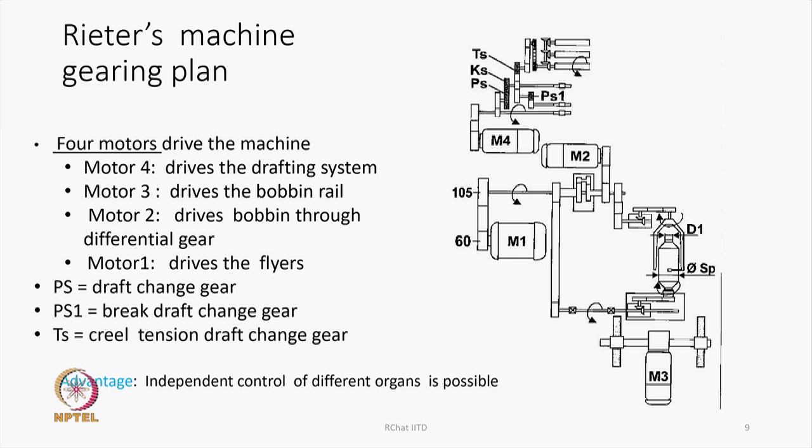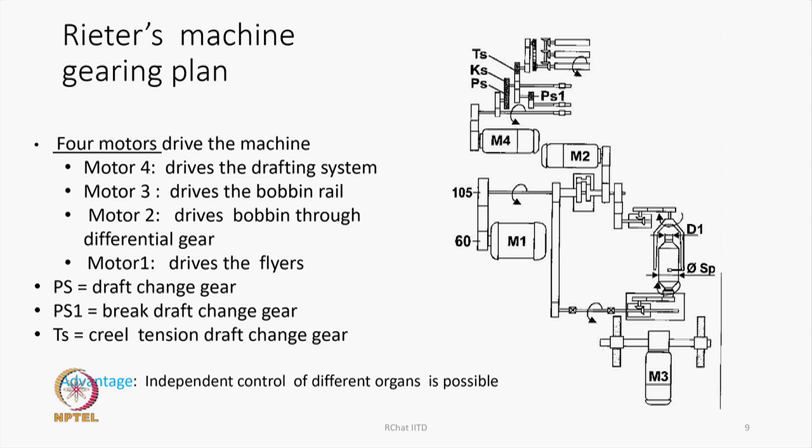The whole machine is actually run by 4 different motors. Motor M4 is exclusively driving the drafting unit. It is independent of the rest of the motors. It is only controlling the speed of the drafting rollers and the rollers in the creel part.